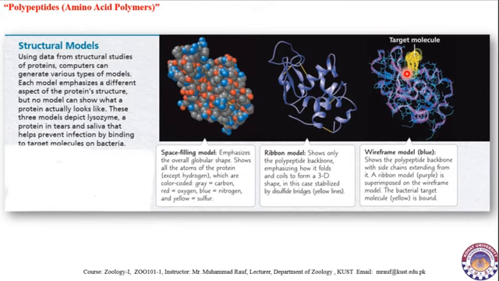The lysozyme has a specific binding site for this bacterial cell, and with the help of target molecules on the bacterial cell, the interaction or the complementarity is established, and thereby the bacterial cell is broken down.